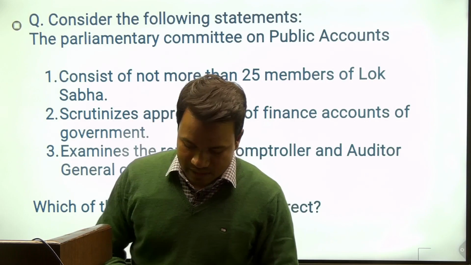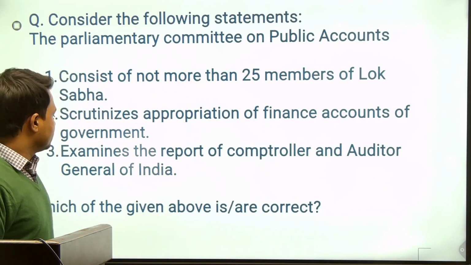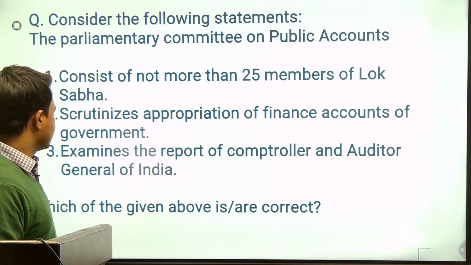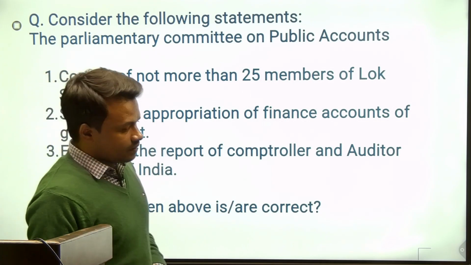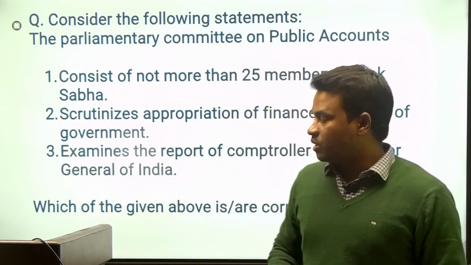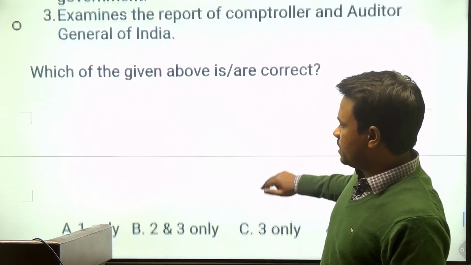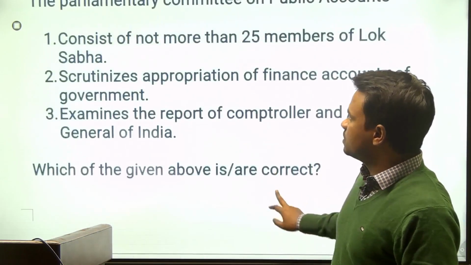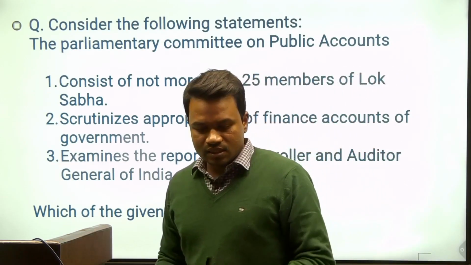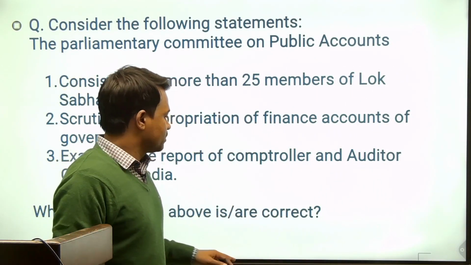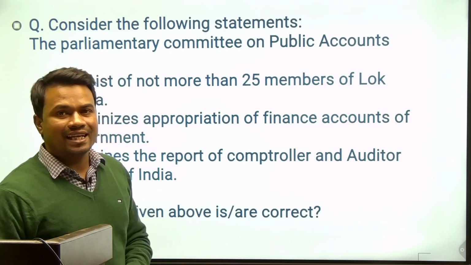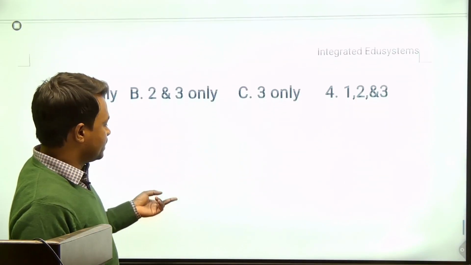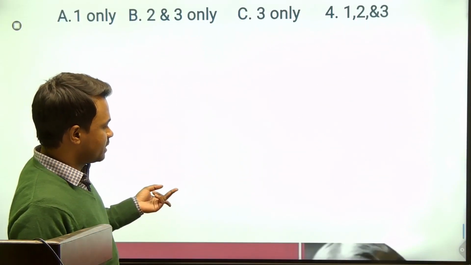Statement three: it examines the reports of the CAG, that is the Comptroller and Auditor General of India. Choose the correct option given below. The options are 1 only, 2 and 3 only, 3 only, or 1, 2 and 3. Please look at this and try to solve this question so that one can gauge one's own understanding regarding these particular committees.